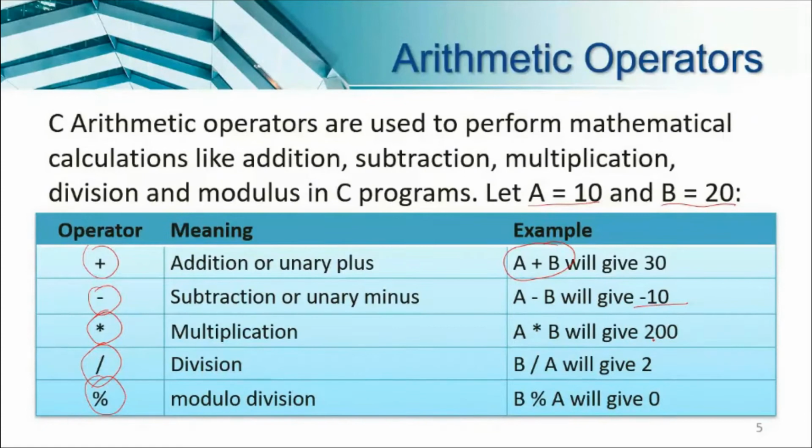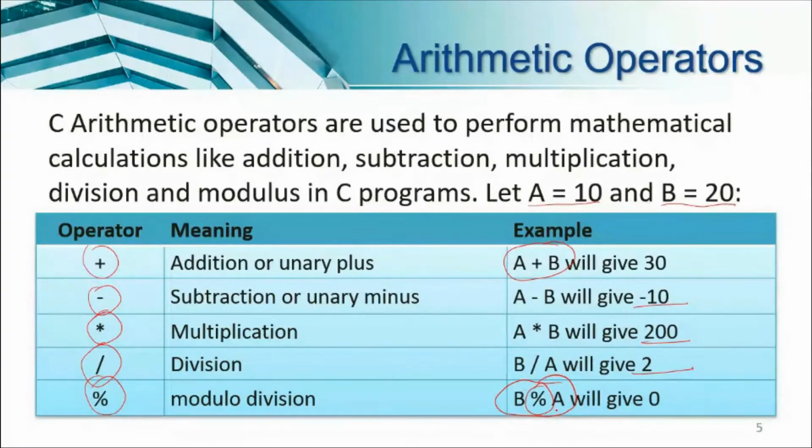A into b will give you 200. B by a will give you 2. This is the modulo division, that is b percentage a. This percentage symbol denotes that this is a modulo division, or the modulus division, in which case the remainder is given out.